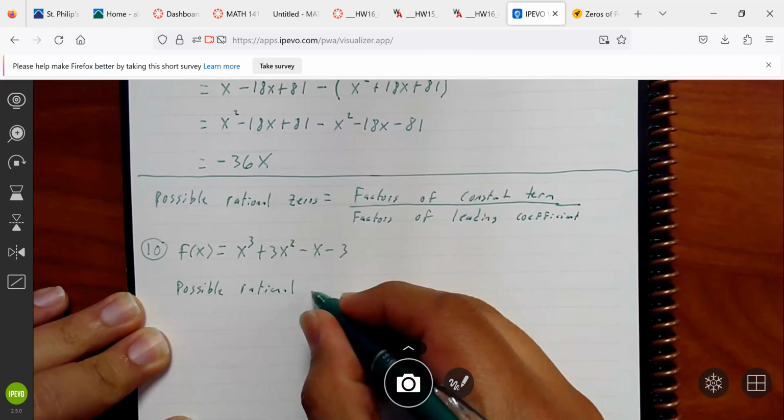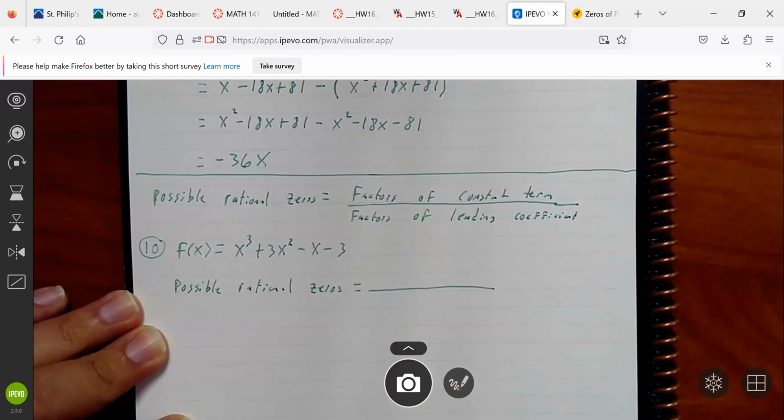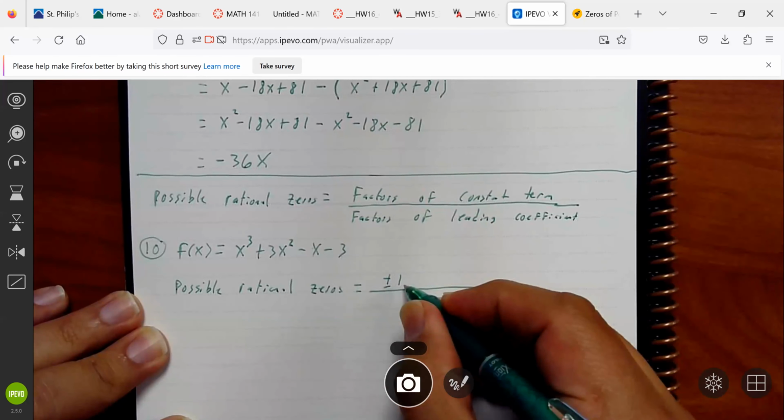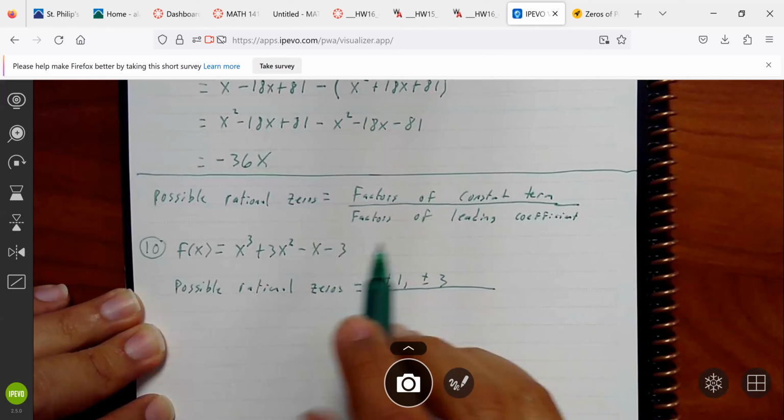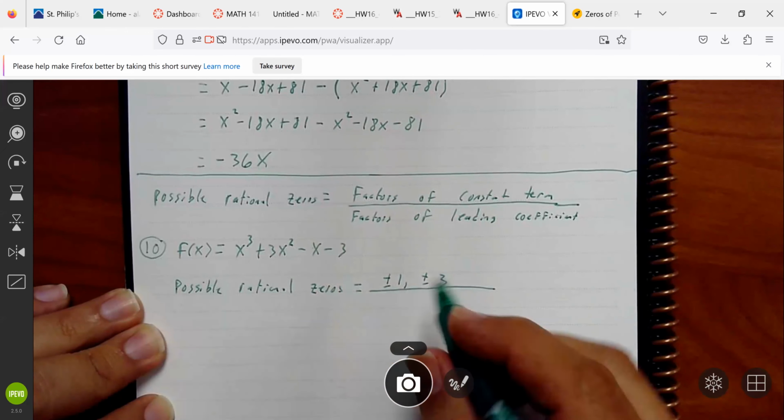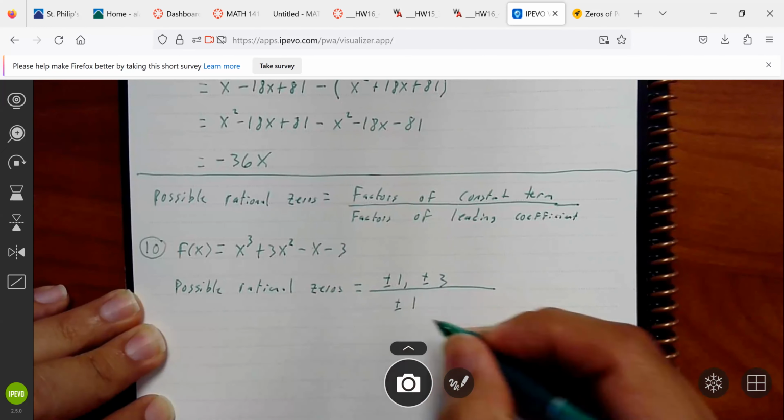So let me see, it's the best way to write this. Plus or minus 1, comma, plus or minus 3. Leading coefficient is a 1, so just plus or minus 1.